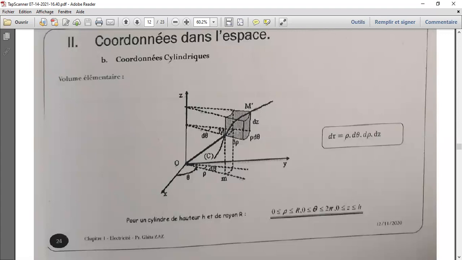You move outside the circle, where only the radius changes, which is d rho.